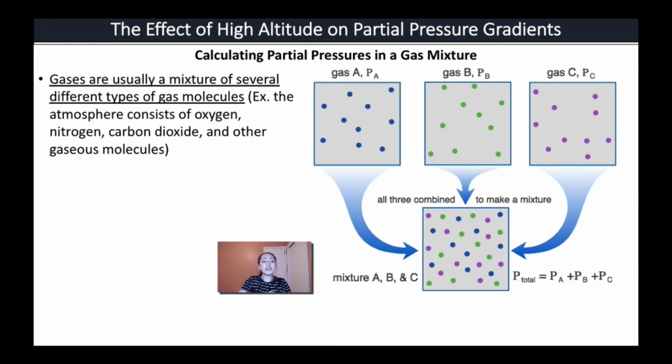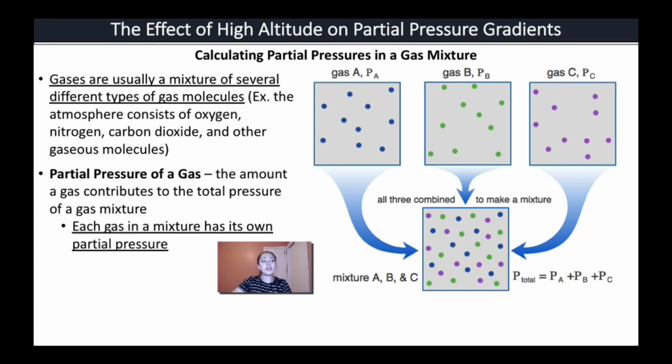So each one of these gases contributes a little bit to the total pressure of the air that's around us. So the partial pressure of a gas, for example, the partial pressure of oxygen, is the amount that gas contributes to the total pressure of the gas mixture. So each gas in a mixture, again, will have its own little partial pressure.